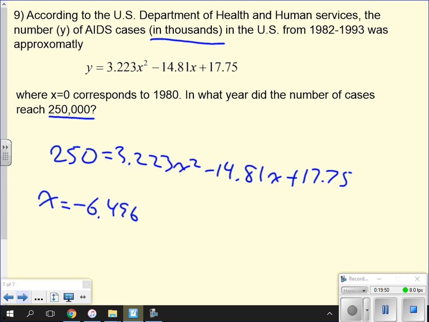But that doesn't do any good because they're not going backwards in time. So the answer you're going to get is the one that's outside your window, so you may have to change your window to get to this, 11.0918. Which means my answer would be that plus 1980, so it would be 1991.